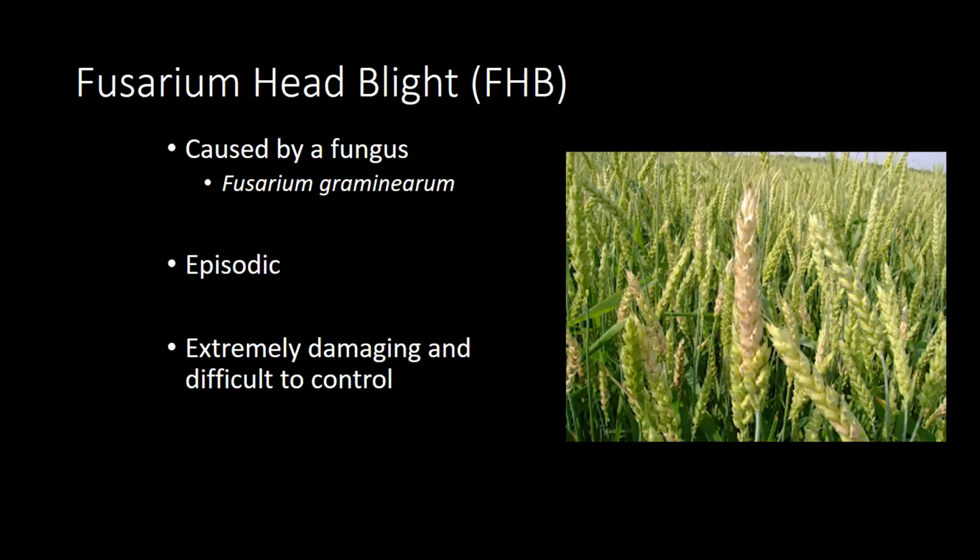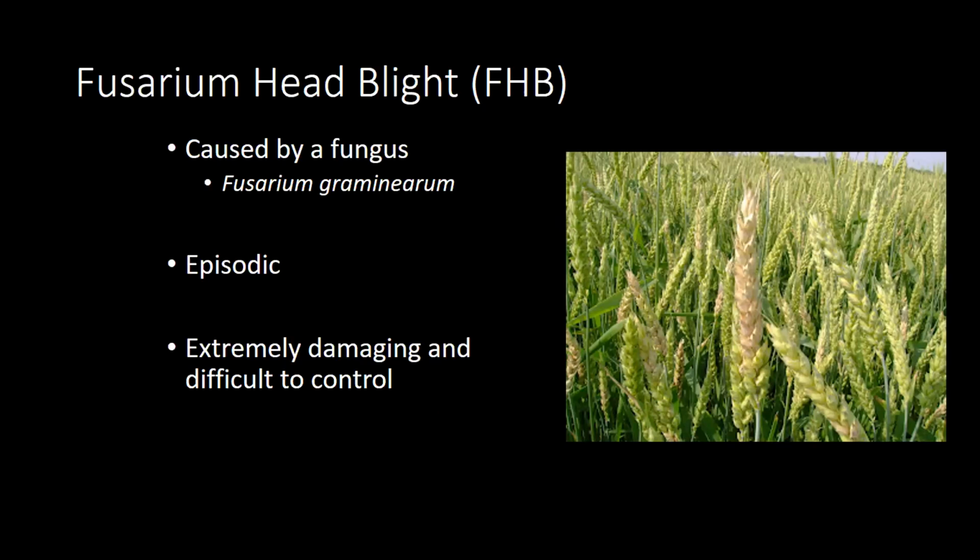So I want to start out by giving just a little bit of an overview of the disease, because a lot of times we get this Fusarium disease confused with other Fusaria, because this is a fungal genus that has a lot of members to it. And some of them are going to be more specific or cause issues in other crops. So Fusarium virguliforme is one that causes sudden death syndrome in soybeans.